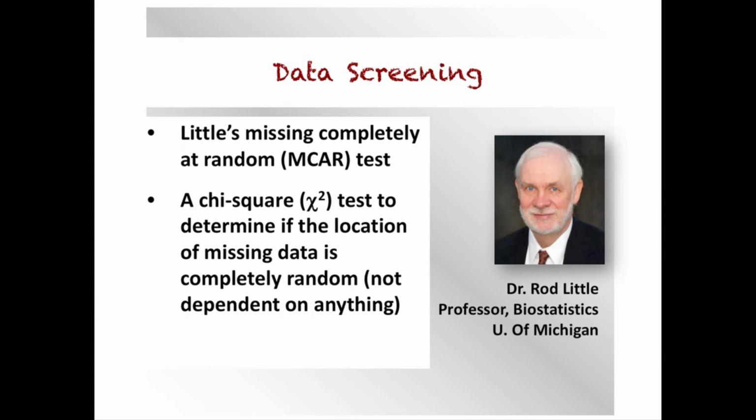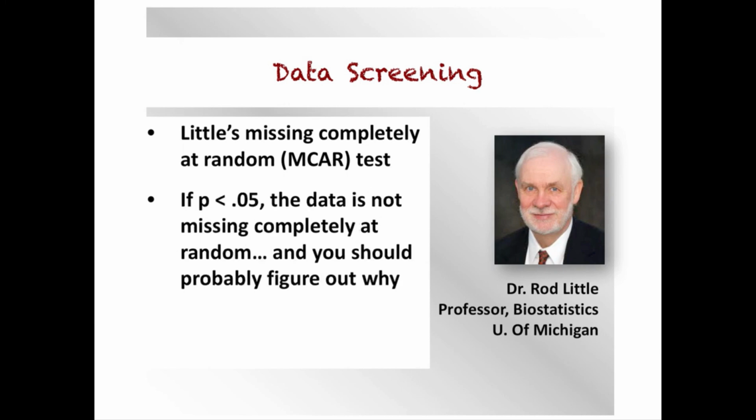Or if there was a particularly sensitive question in the data set, maybe people left that one blank, and so there's a lot of missing data on that one, then it would not be random because it would be dependent on that variable. So completely random means not dependent on variables, not dependent on participants, not dependent on anything. It's just missing because there was some random missing data in there.